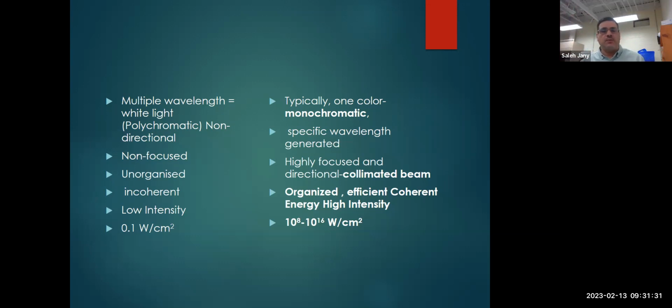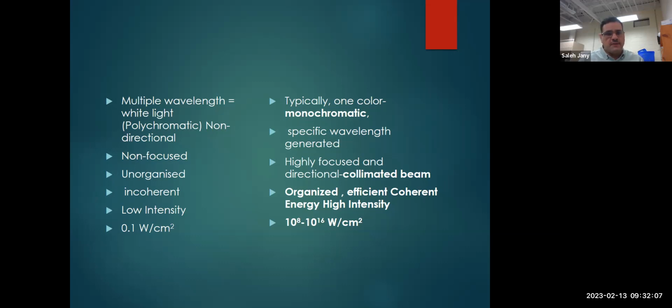We see it as white light, but it is usually composed of different wavelengths, different colors. If you put a prism on it, you can see there are different colors. While a laser is usually monochromatic, usually one color. The CO2 laser is infrared and not visible. A helium neon laser is red. Most diode lasers are in the invisible spectrum.